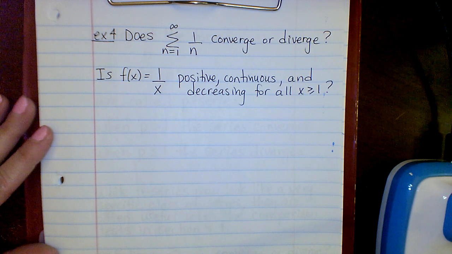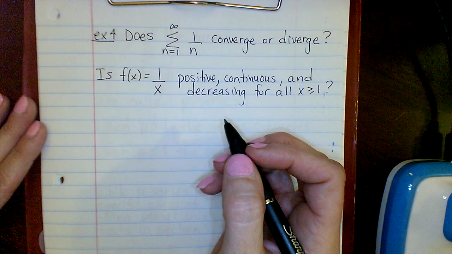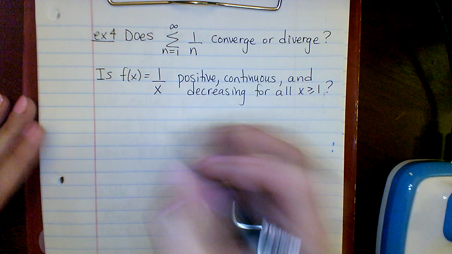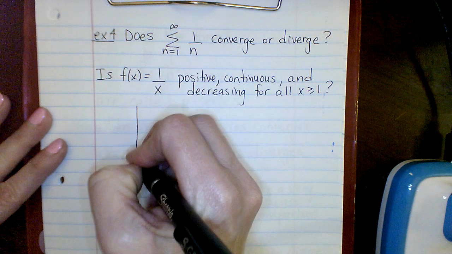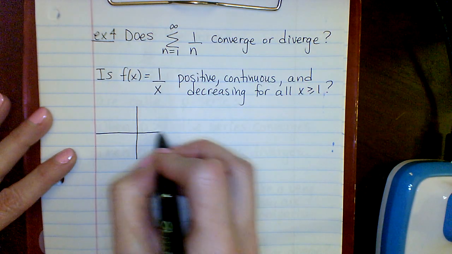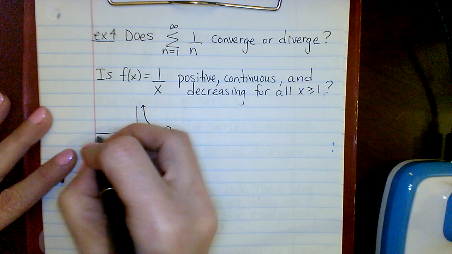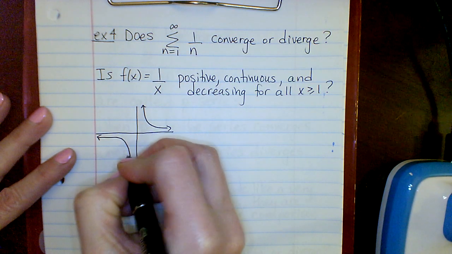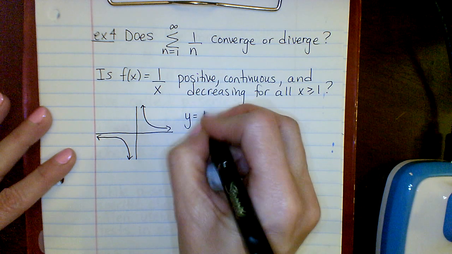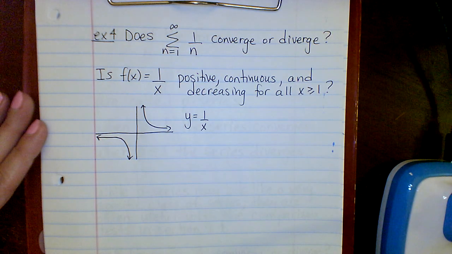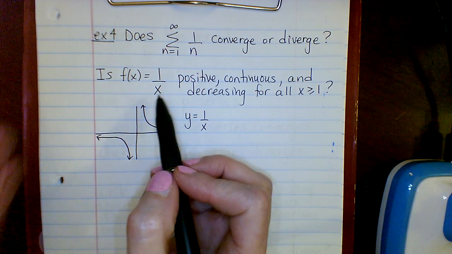Well, do you guys know what the graph of this one looks like? This is one that you've probably seen before. 1 over x looks like that. It is discontinuous at 0.